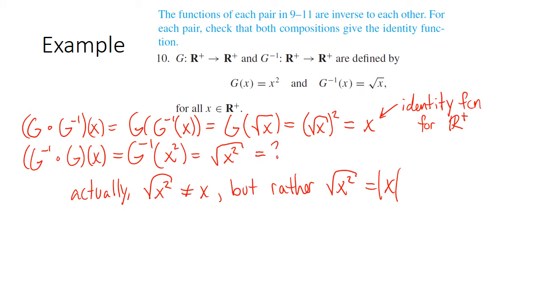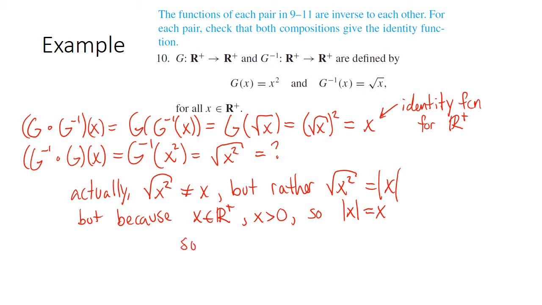So what's happening here? Are we getting x? Well, actually, because we're only considering x's that are in R plus, so positive, that means x is greater than 0. So the absolute value of x would equal x in this case, only because we're looking at positive numbers.